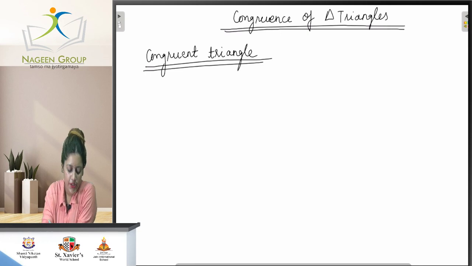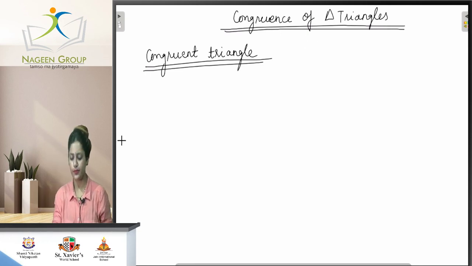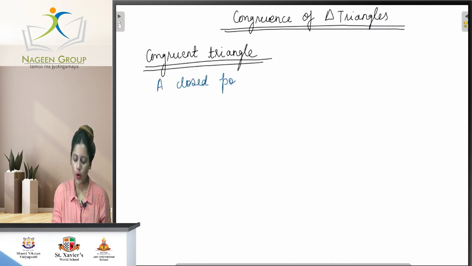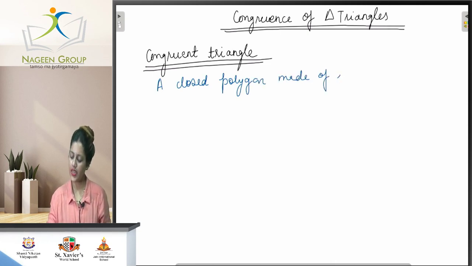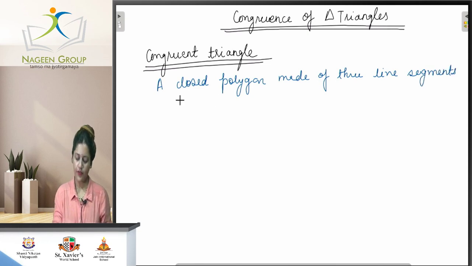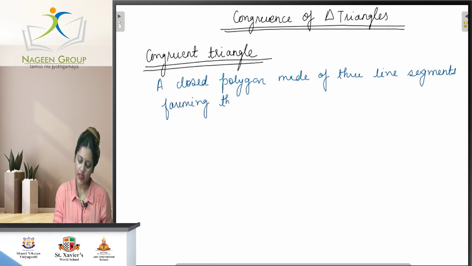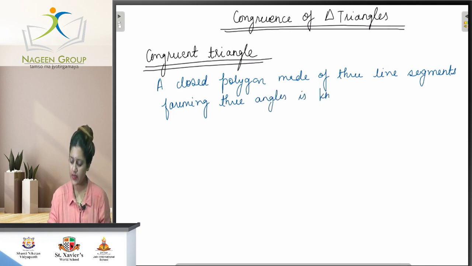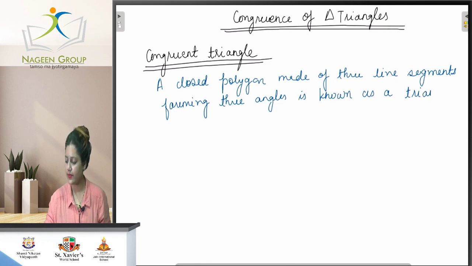The theory tells us that a closed polygon made of three line segments forming three angles is known as a triangle.